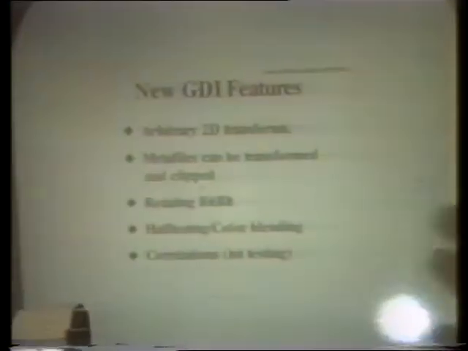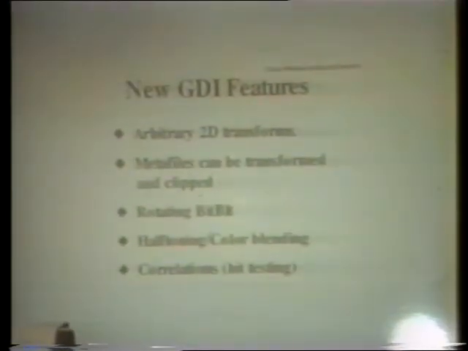We're extending the transform capability. Windows could only do scaling. It would have what we call the window viewport. You'd have some window in your logical space, a rectangle that you'd specify, and then you'd specify some viewport on your device, and appropriate scaling and translation would take place to map between them. But that was pretty limited.